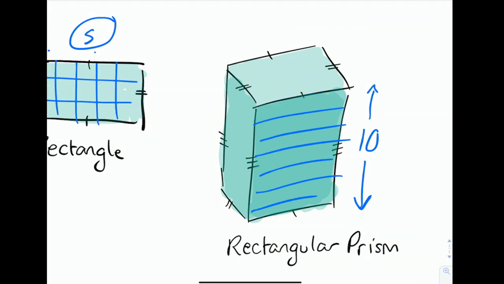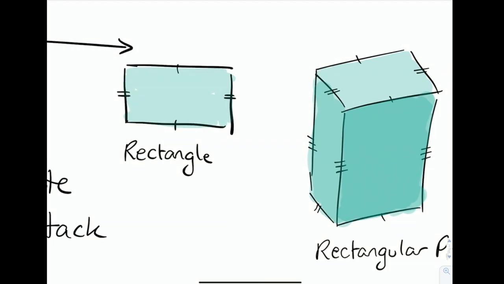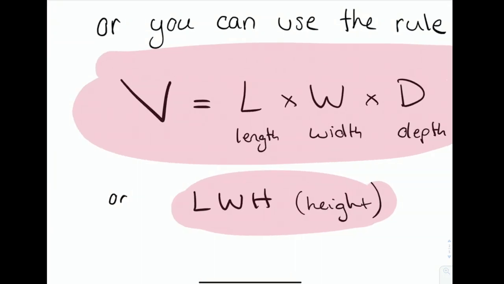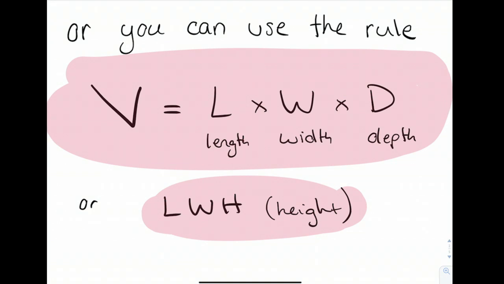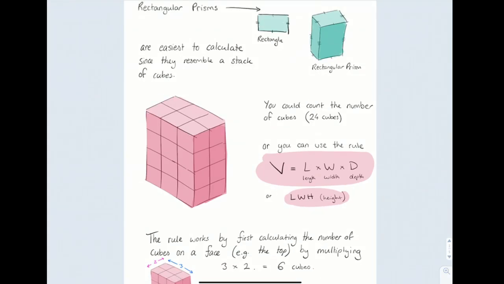Now that works for any cuboid, any roughly blocky looking shape. Let me just backspace because I don't want to undo all my beautiful drawings here. So here you would get a rule for a rectangular prism: length times width times the depth, or how tall it is. You could use an H, I don't really care.